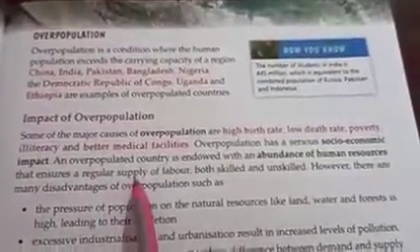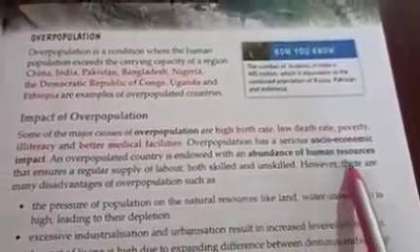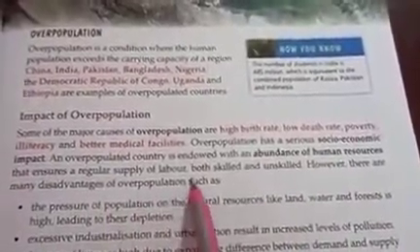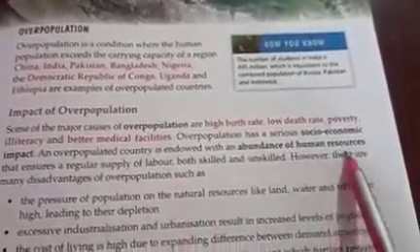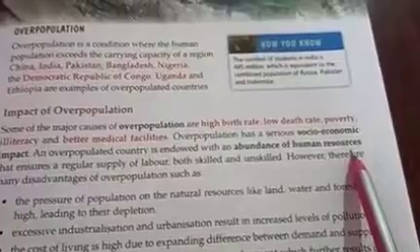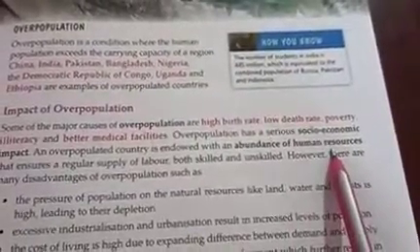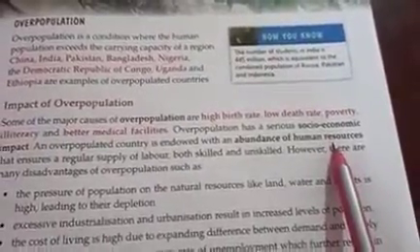An overpopulated country is endowed with an abundance of human resources that ensures a regular supply of labor. Here, children, I want to make clear what human resources are. There are so many resources. First, let us take up resources. Resources are the things which satisfy human needs.